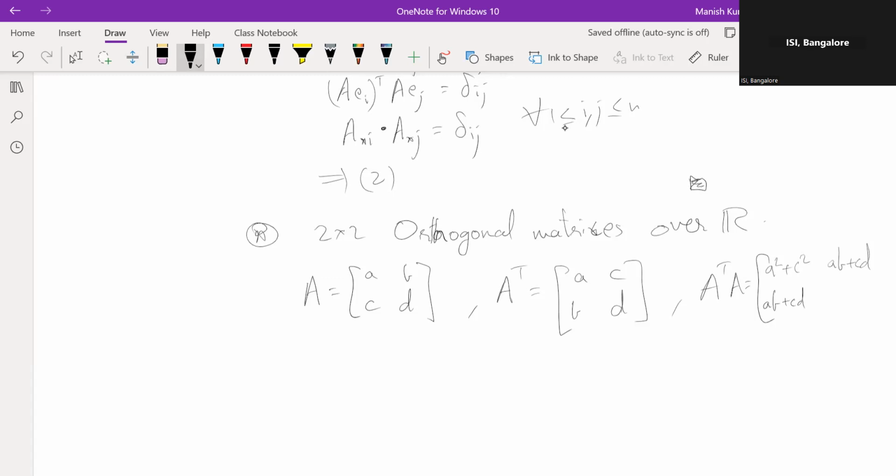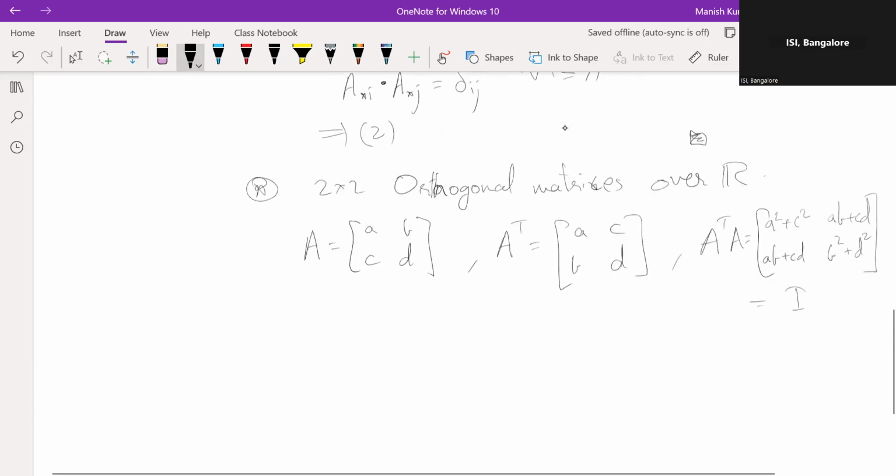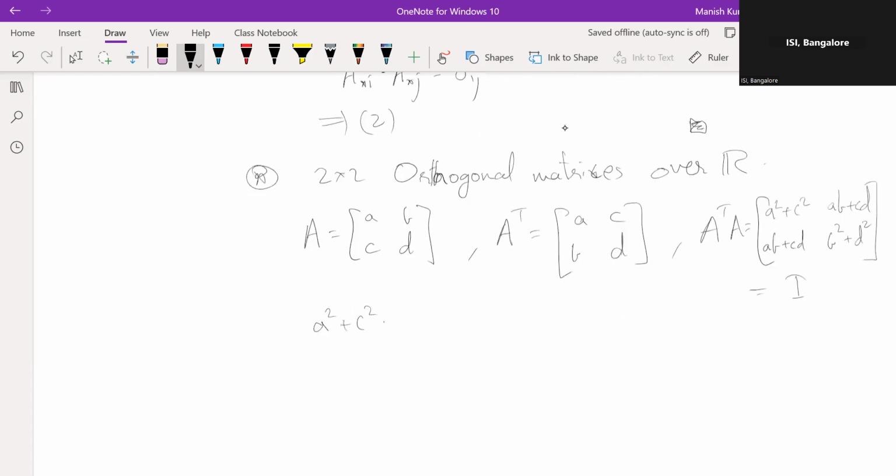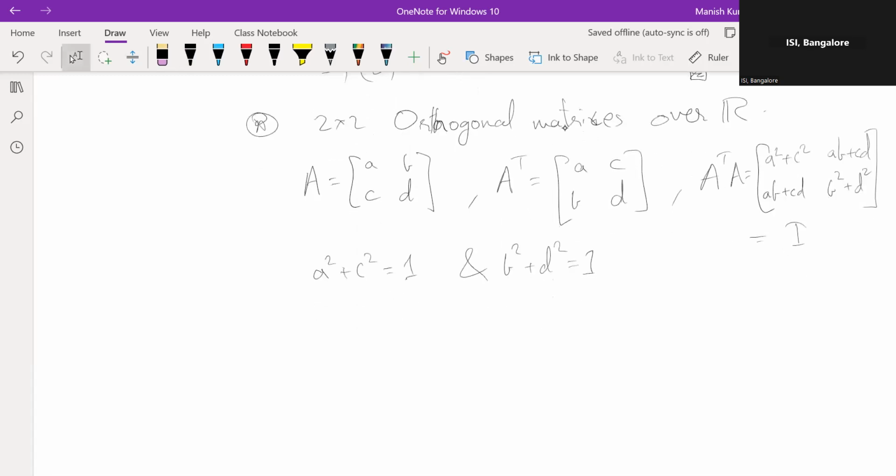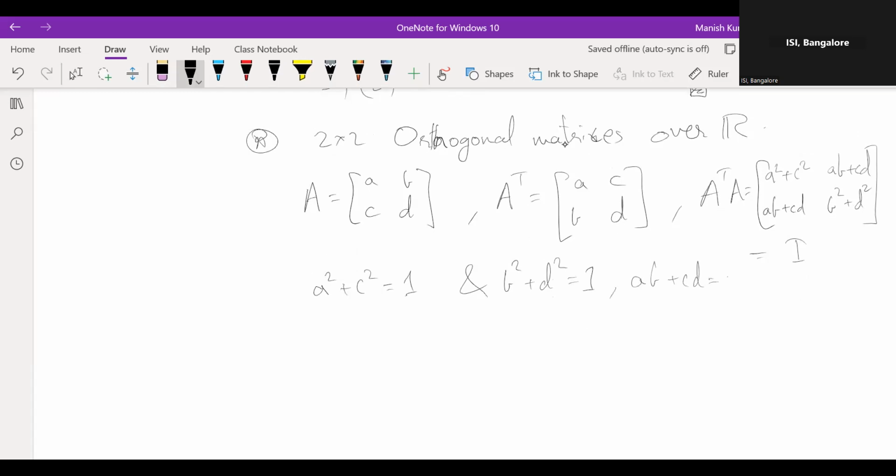And then B square plus D square. So this should be the identity. What does that tell us? That A square plus C square must be 1, B square plus D square must be 1, and AB plus CD is equal to 0. These are the three identities we get.